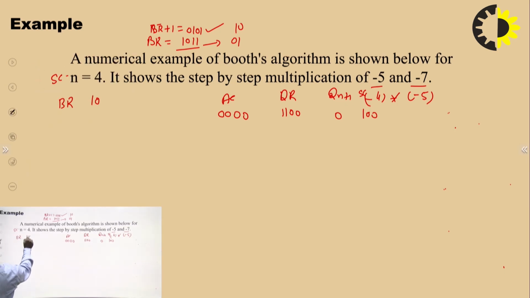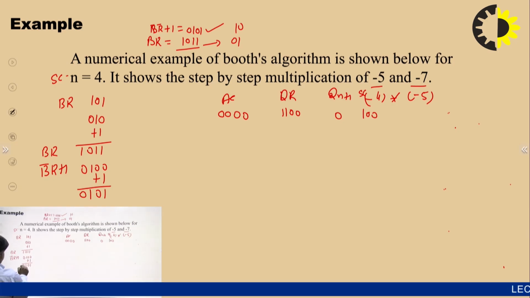Five, 1, 0, 1, that is 5. What is the minus 5? That is 0, 1, 0 plus 1, that is 0, 1, 1, and now this is the minus 5. That is the BR. And what is the BR plus 1? That is 0, 1, 0, 0 and plus 1, 1, 0, 1, 0.